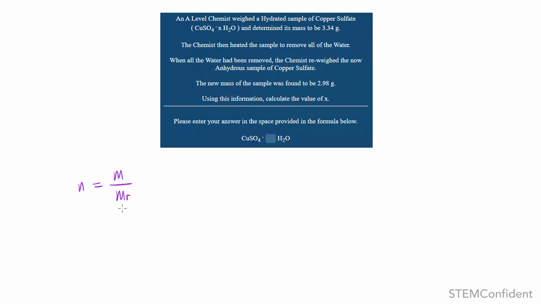So the number of moles of CuSO₄ is going to be 2.98 divided by the molar mass of CuSO₄. But we need to work out what the actual molar mass is.